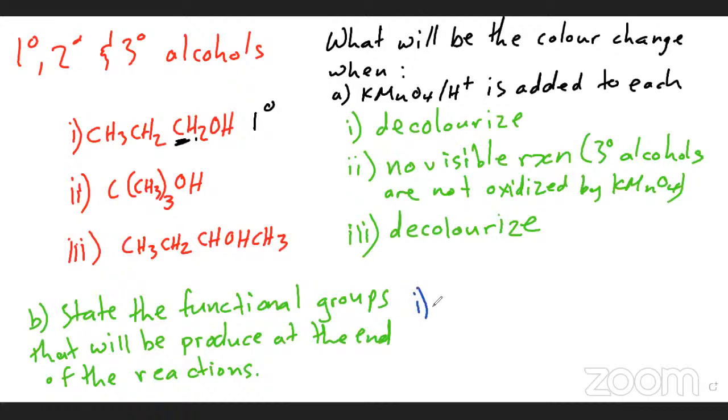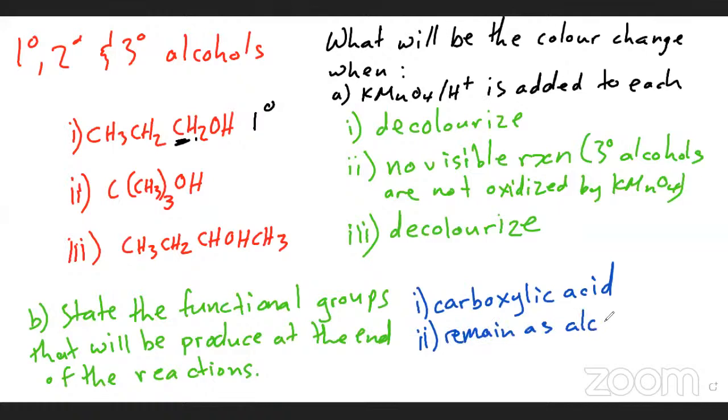Aldehydes and then carboxylic acids. Right. So compound 1 will give you carboxylic acid. What will compound 2 give you? Nothing. It will remain as alcohol, right? Remember, compound 2 is a tertiary alcohol, and tertiary alcohols are not oxidized. So it will remain as alcohol. And the third one, what would we get? Ketone. That is correct.